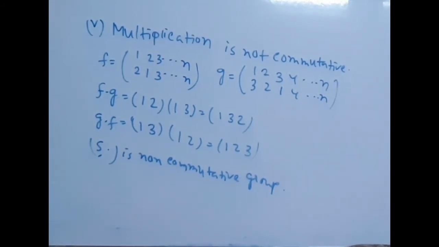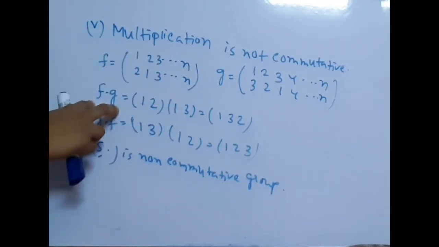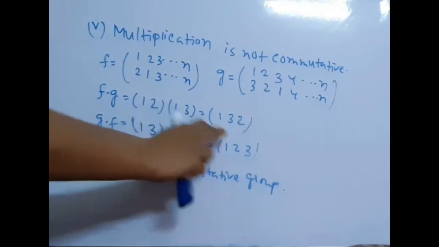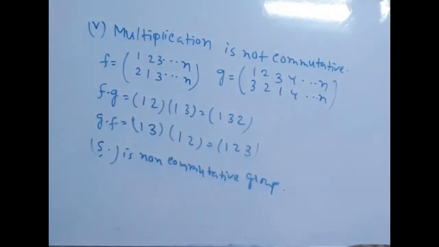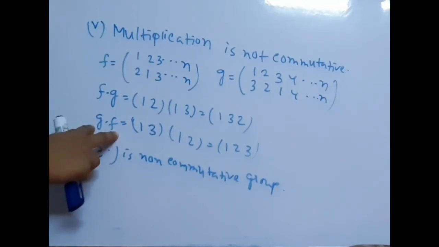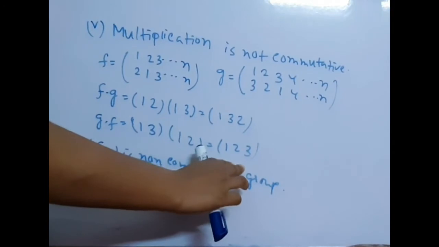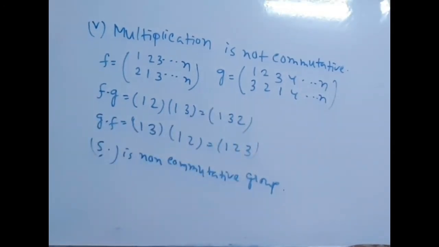Now if we multiply the permutations f dot g, that is (1 2)(1 3), this is (1 3 2). But when we multiply g dot f, that is (1 3)(1 2), this is (1 2 3). So they are not equal. So we say that S is a non-commutative group.